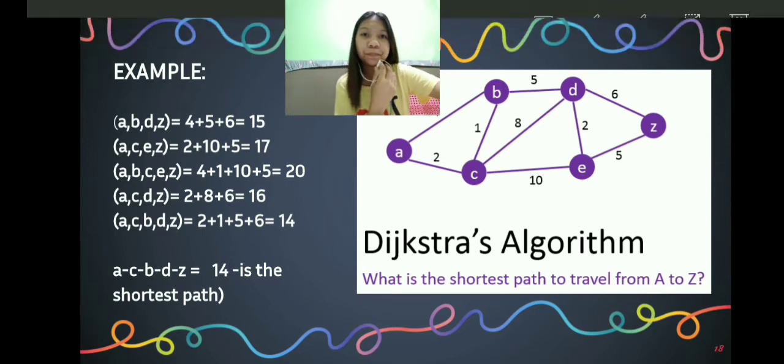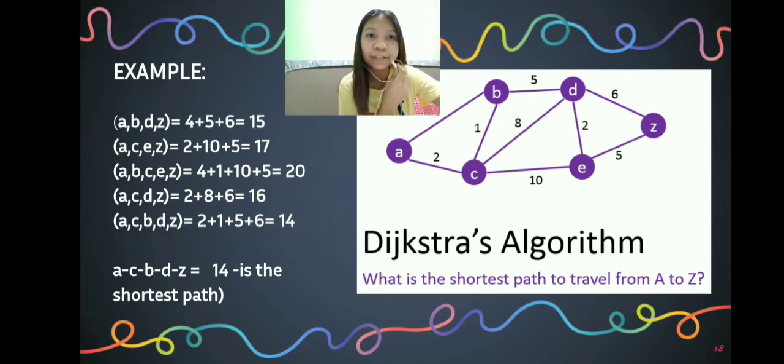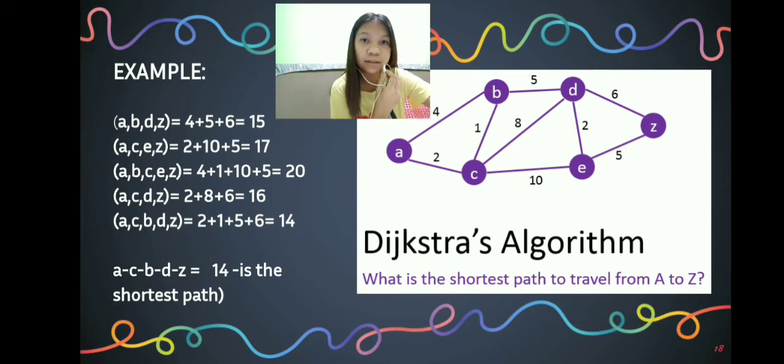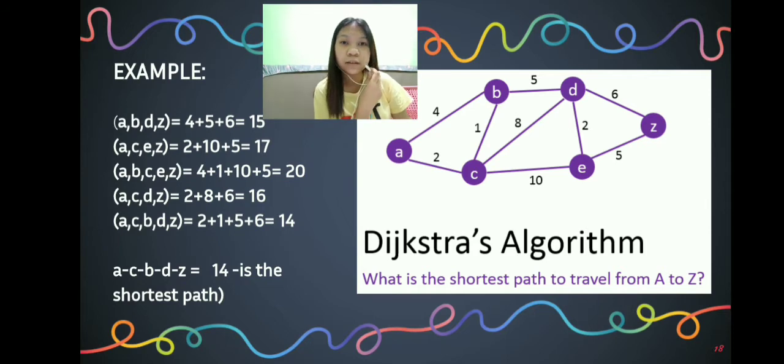So this one, a sample. There are more than 5 ways to go from vertex A to Z. First one: A, B, D, and Z. We're going to calculate the numbers represented on the edges from vertex A to Z. As you can see, the edge from vertex A to B is 4.